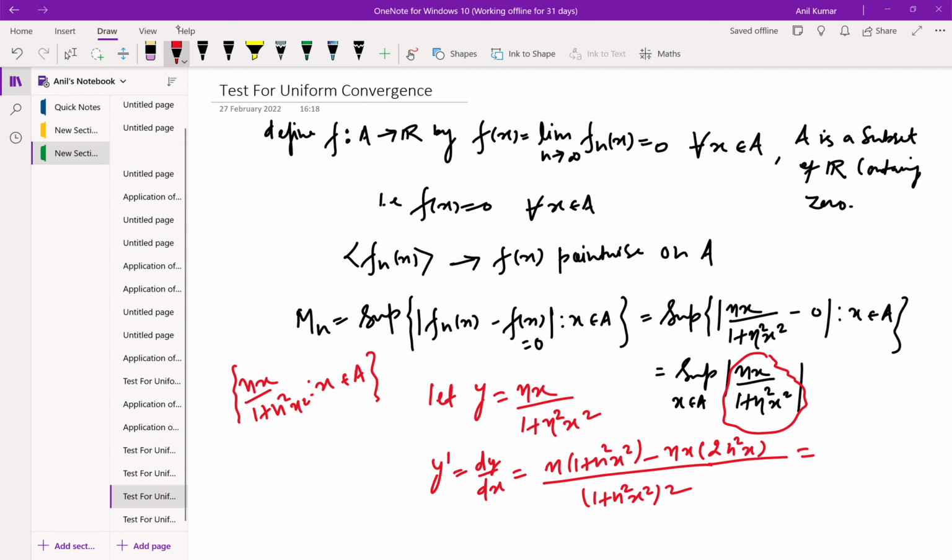After simplifying this, you will get n minus n cube x square, and in the denominator (1 plus n square x square), right?